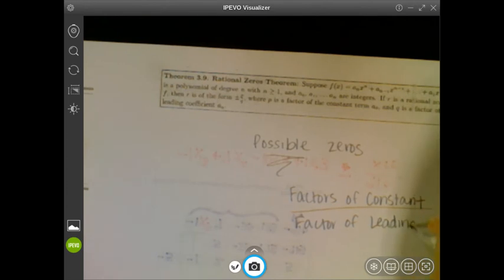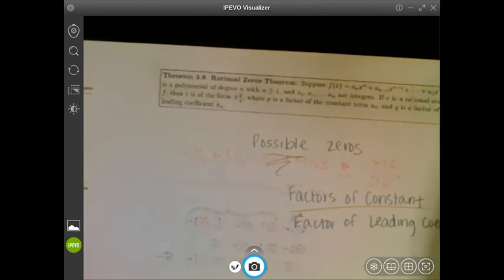And these are possible places where it will cross the x-axis.